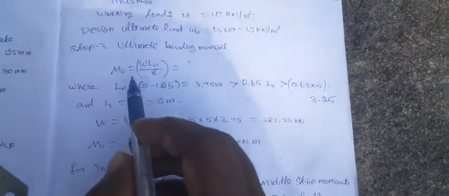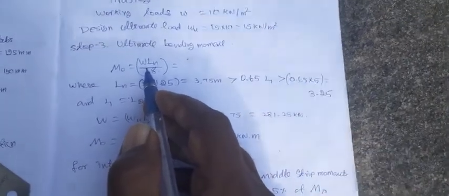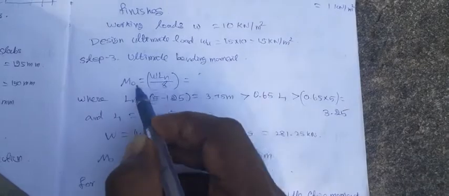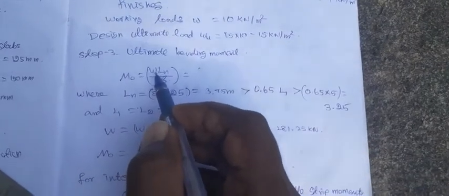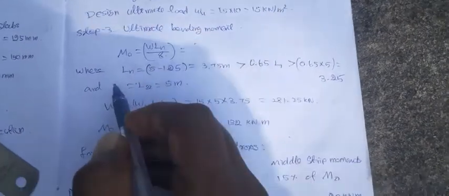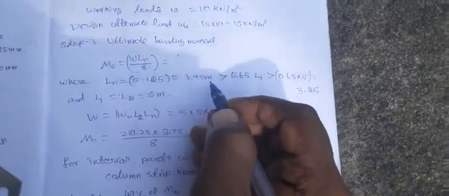Already we know bending moment is WL square by 8, where capital W is the overall total load for that particular beam or slab. So M0 is equal to W Ln divided by 8, where Ln is 5 minus 1.25, which is 3.75 meter.